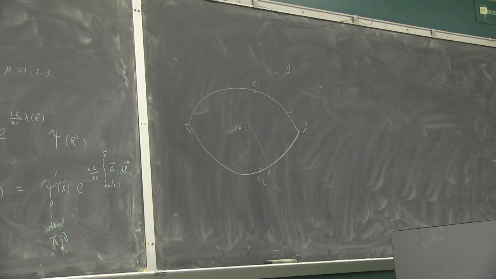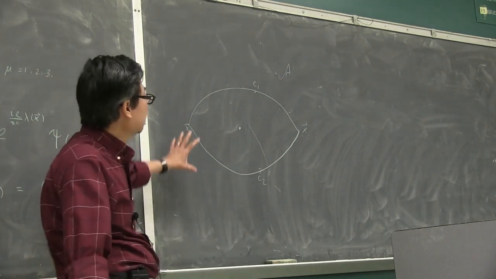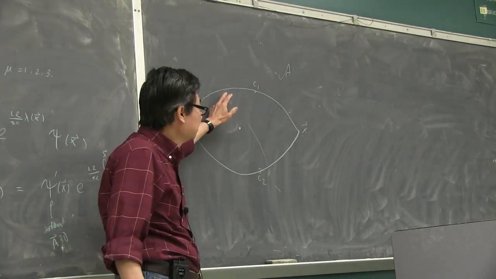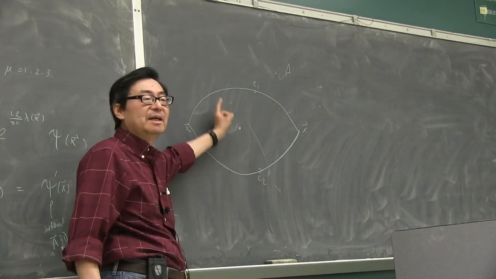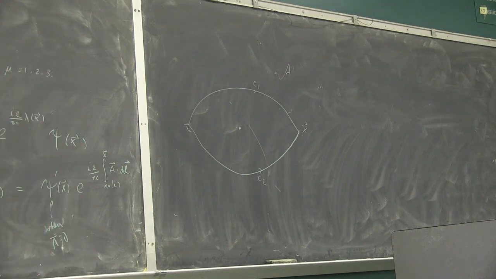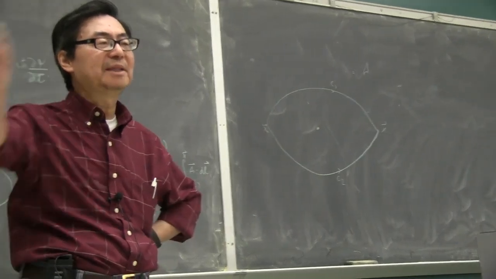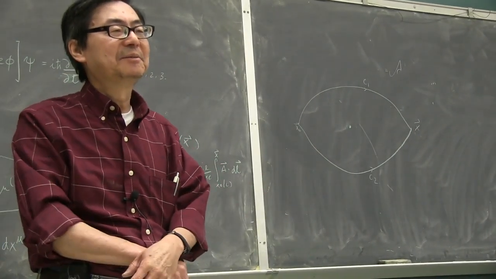But when you try to calculate an A that corresponds to this flux tube in the form of a solenoid, you'll see that the A is not 0. The B is 0 over here because the B is concentrated inside, but the A is not 0. I'll write down the explicit form of that A for you in just a while, the so-called Bohm-Aharonov vector potential. Now it becomes very funny if you compare the classical and the quantum mechanical situation. Classically, the electrons don't know a thing about the field because where they go, they don't see any fields.